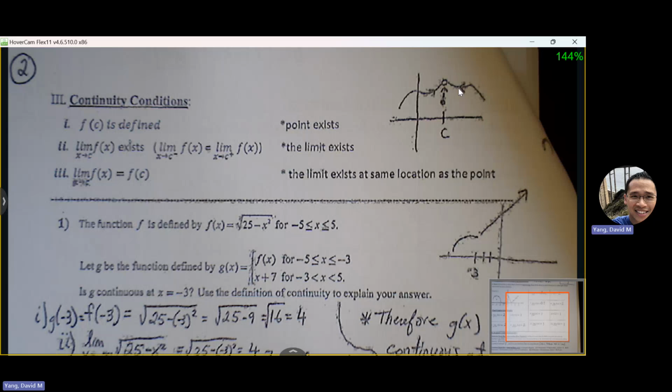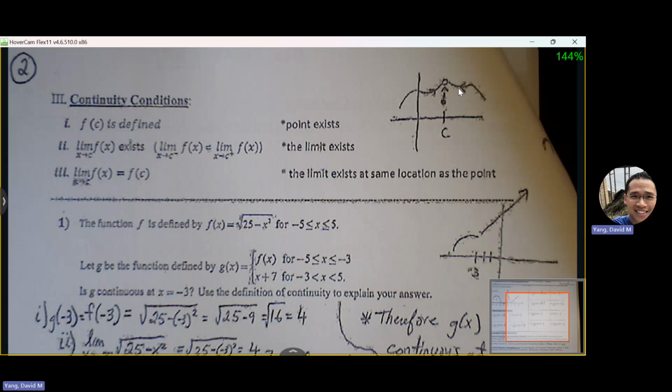And sometimes we may have to look at both one-sided limits to see if they're in agreement. And finally, if it passes the second condition, we look at the third condition, which is, does the limit live where the point lives? So once you get past the second condition, you're not doing anything new with the third condition. You're just looking back at what you've gathered and seeing if there's agreement between the point and the limit. Right, so just run through number one real quickly.